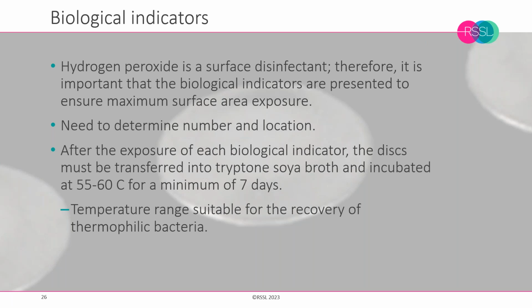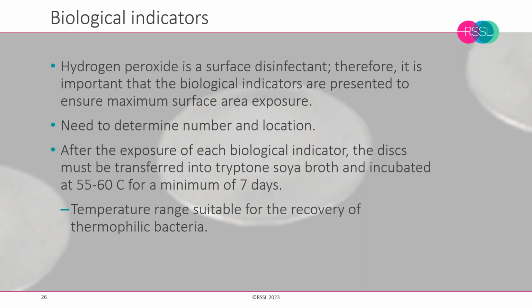Again, if we were using, say, paper strip biological indicators in little glassine envelopes, that makes them, one, slightly less representative of the isolated surfaces, but also there are risks of not getting full exposure, and we can then get failures when they're not necessarily really failures.